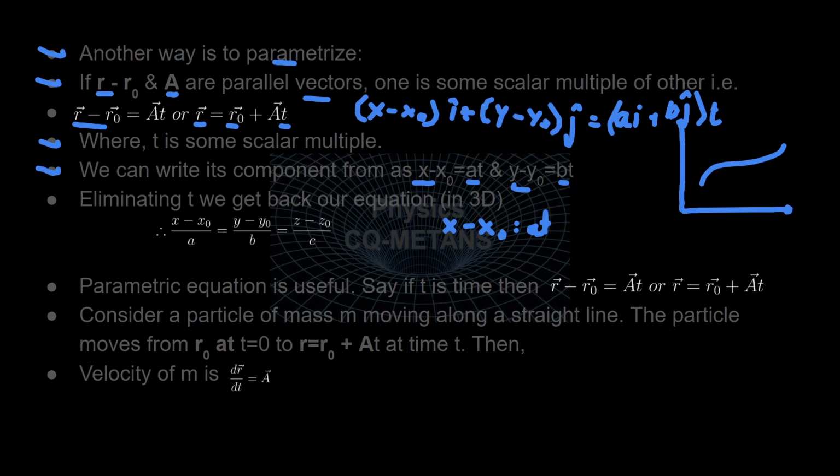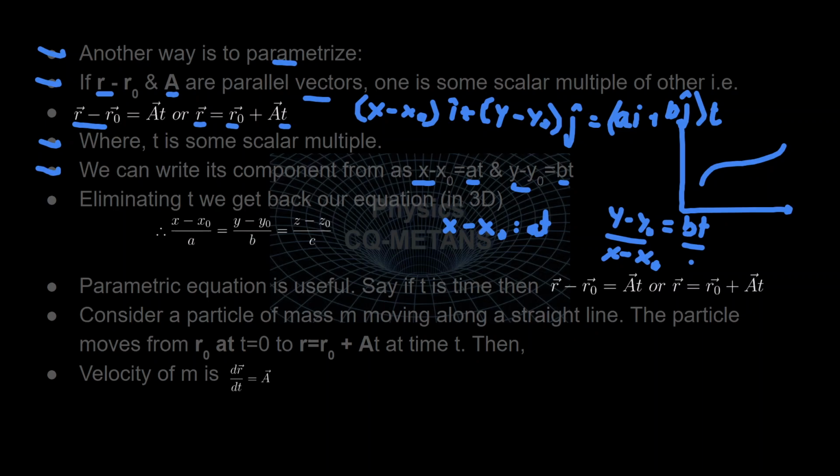Now how can we eliminate t? Over here, I have y minus y naught is equal to bt, and if I divide this by the other equation, x minus x naught equal to at, this t gets cancelled.